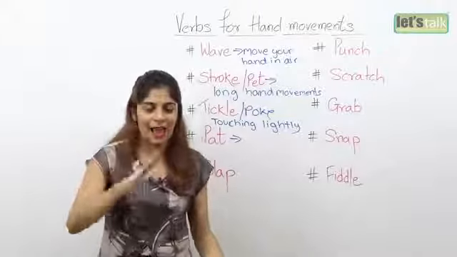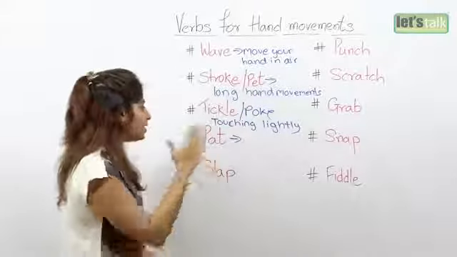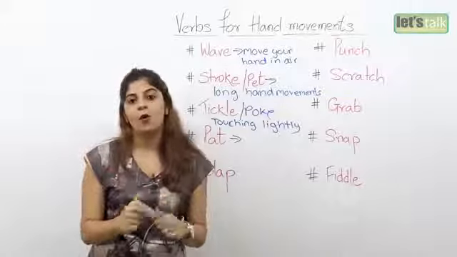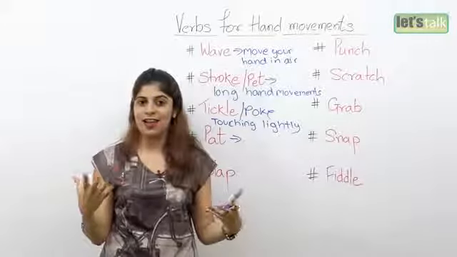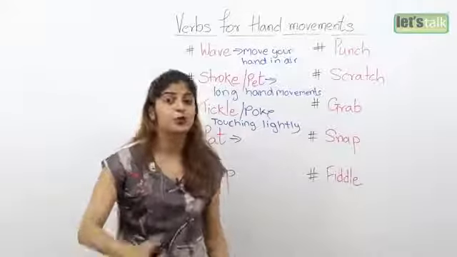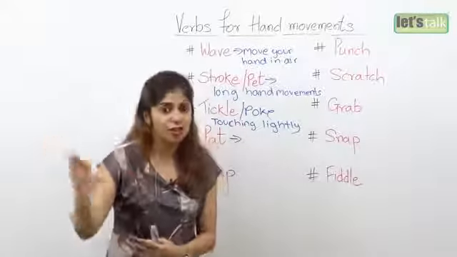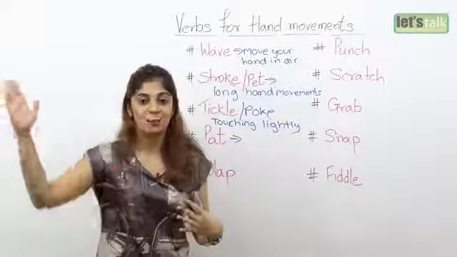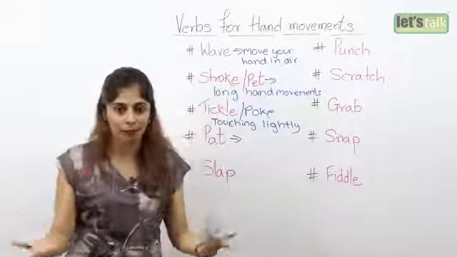So you're not actually hitting someone, but you're patting that person, right? Another way that you can use this verb is when you're very proud of someone and you pat their back. You're like, oh, I am so proud of you. So with your open hand, but it's a very gentle touch, that is also patting. You pat someone on their back.